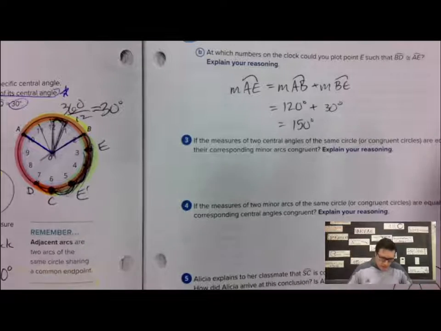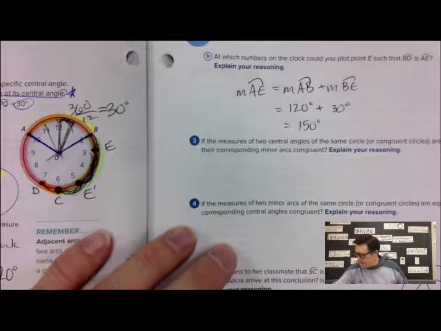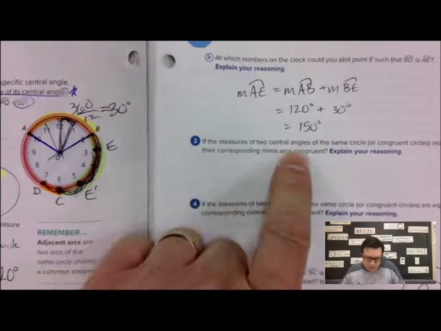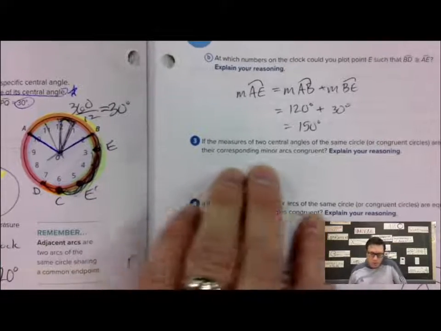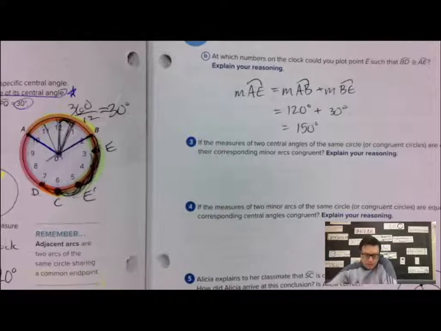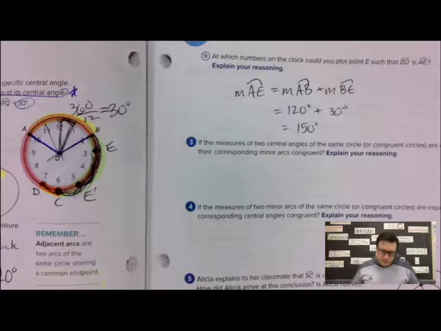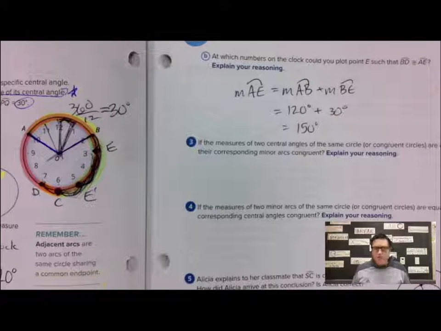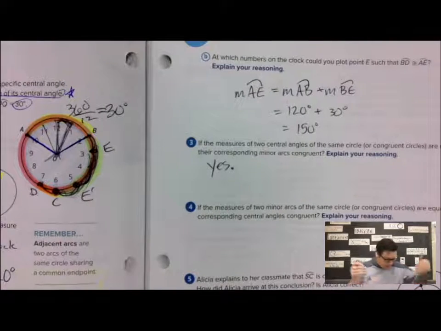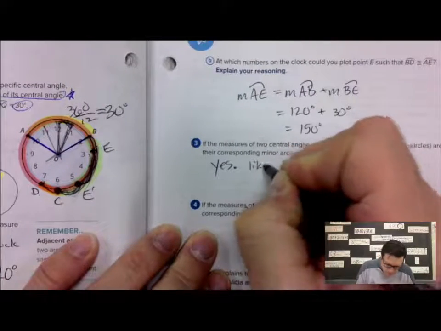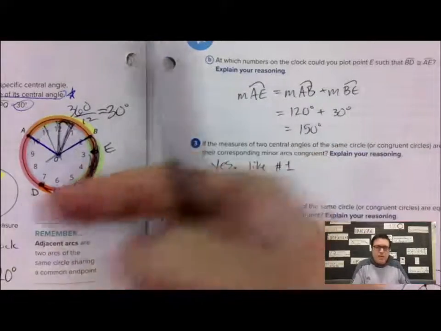Cool. Next up in our list, if the measures of 2 central angles of the same circle or congruent circles are equal, are their corresponding minor arcs congruent? Think about it. Yes, they are. We have that example in number 1. So that's what's happening over here on this question.